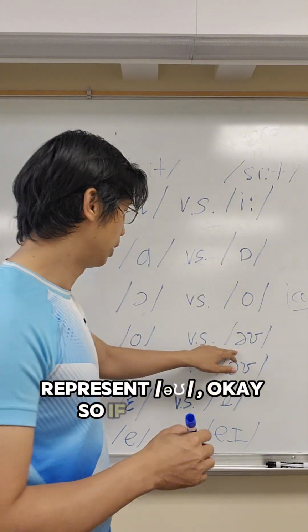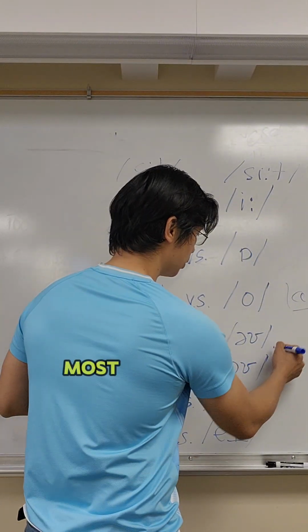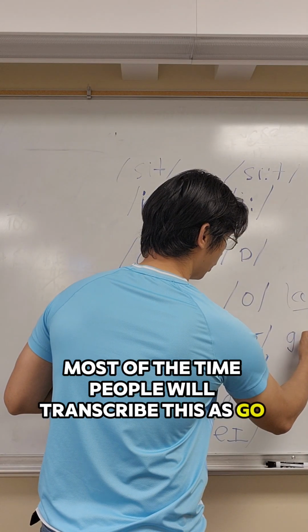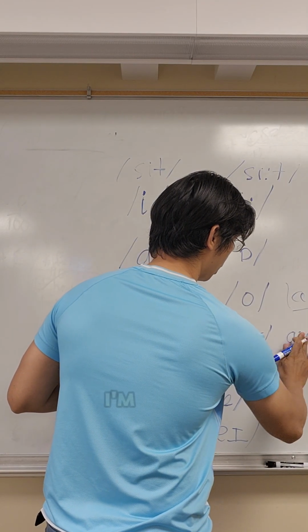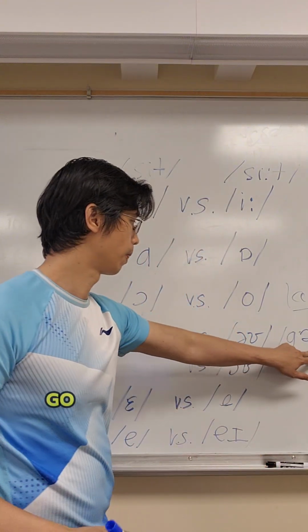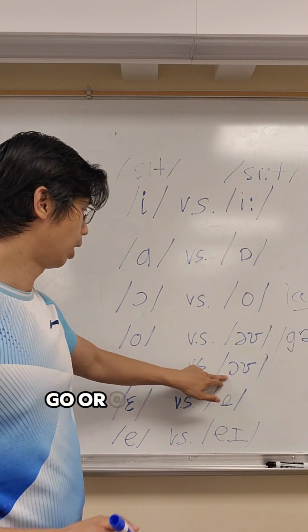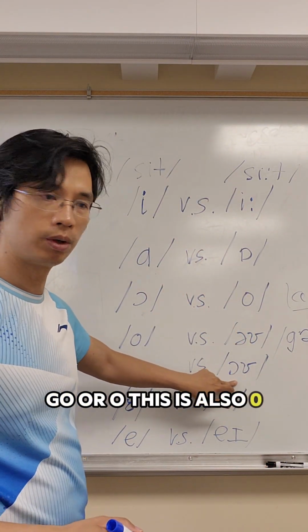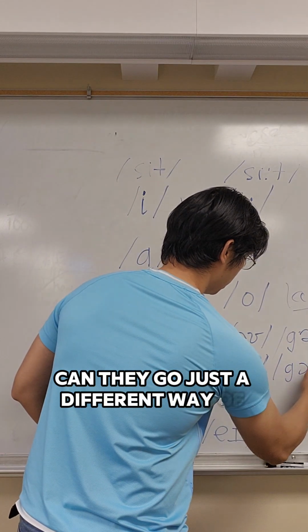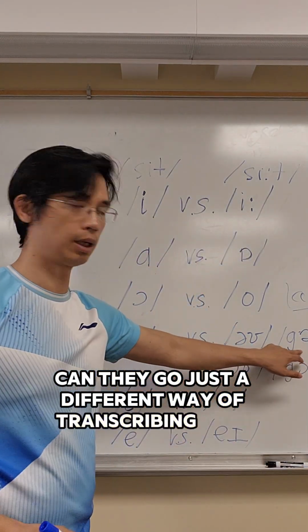If you say O, most of the time people will transcribe it as go. Or this is also O. You can say go. It's just a different way of transcribing them.